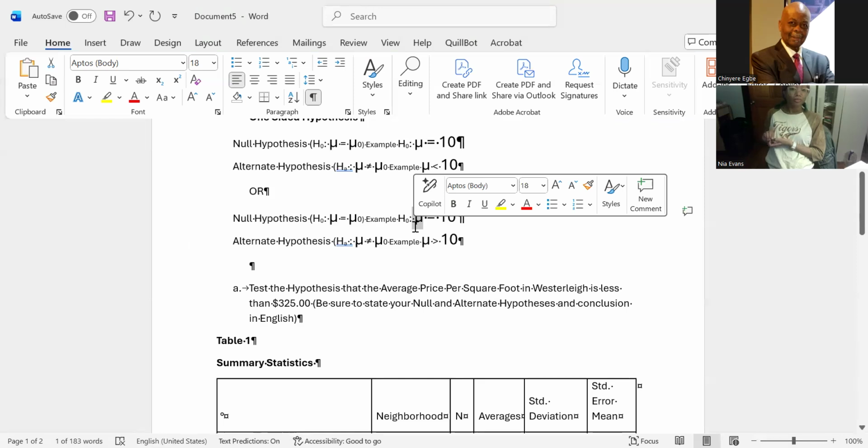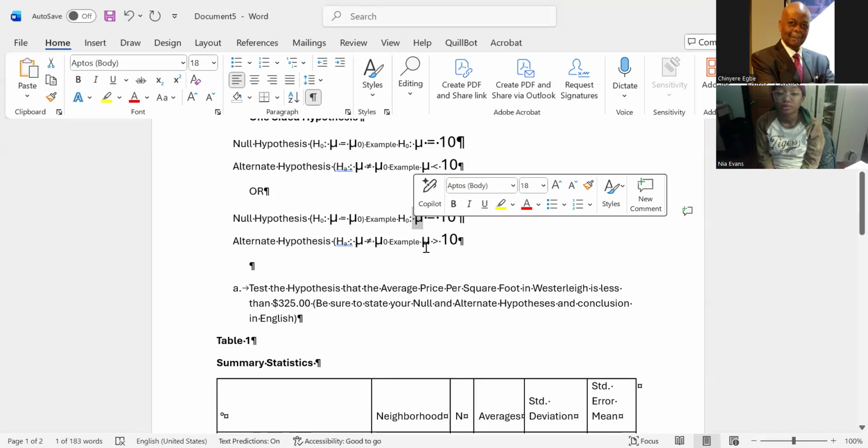If you don't have that information, then you take a sample. That sample provides you some information that you would use to make an inference. And so what you're testing from a sample is a hypothesis.